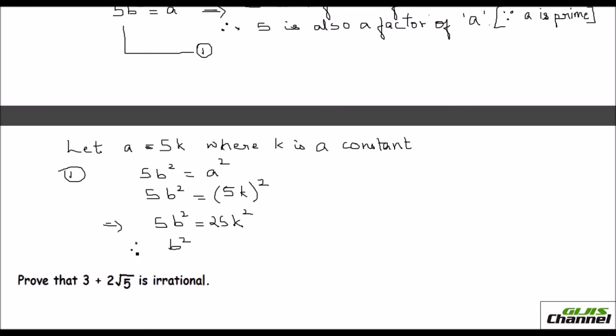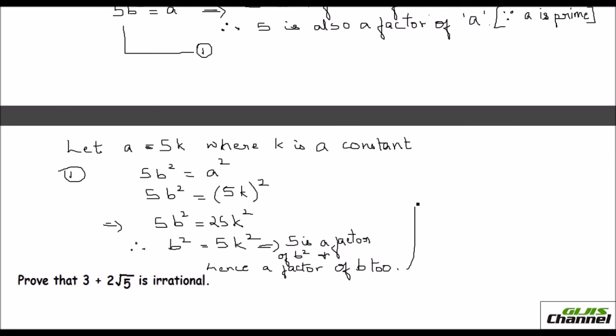Therefore, dividing throughout by 5, you get b square equals 5k square. 5 is a factor of b square, and hence 5 is a factor of b, right? I continue my answer here.